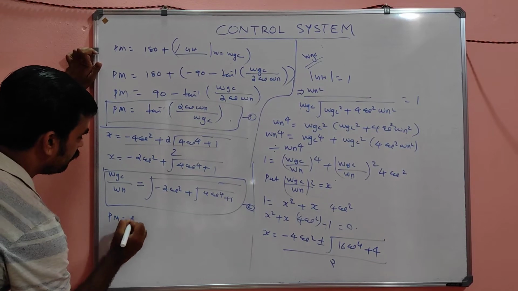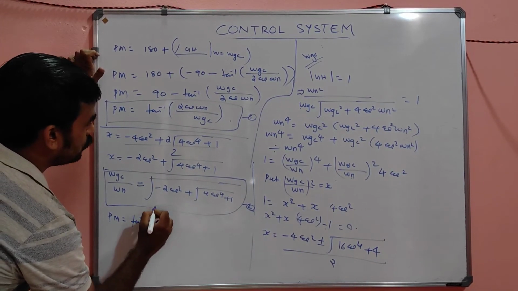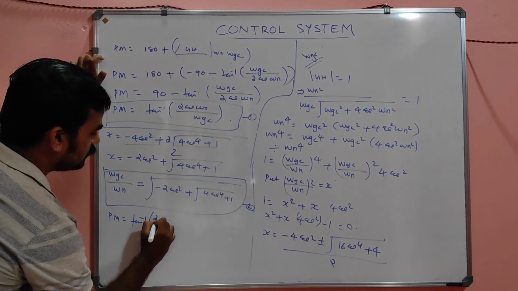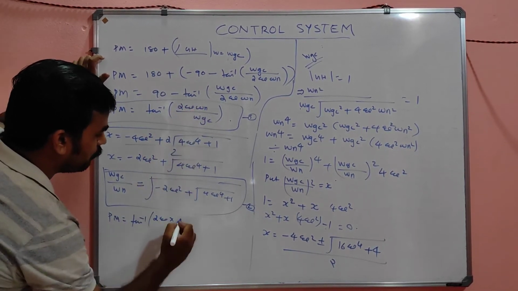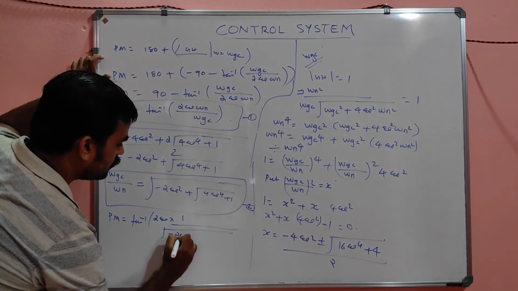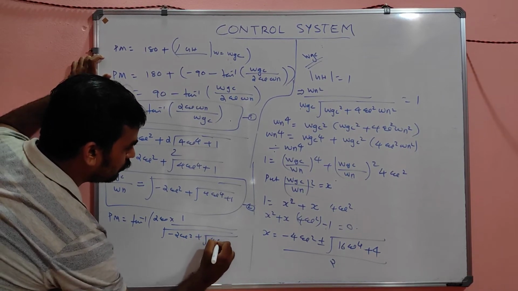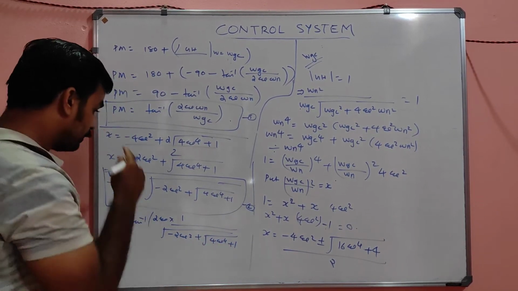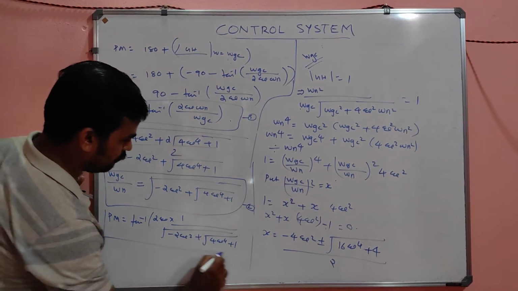So Pm will be equal to tan inverse 2 theta, into omega gc by omega n will be 1 by root of minus 2 theta square plus root of 4 theta raised to 4 plus 1. Okay, so that is the final equation for phase margin.